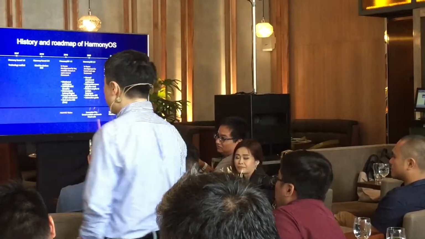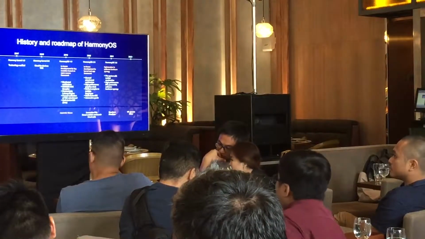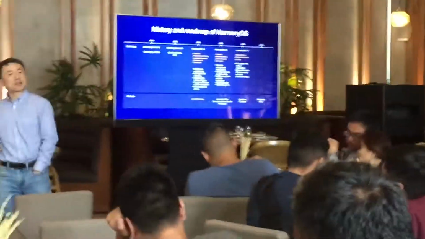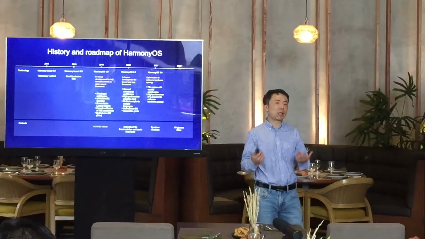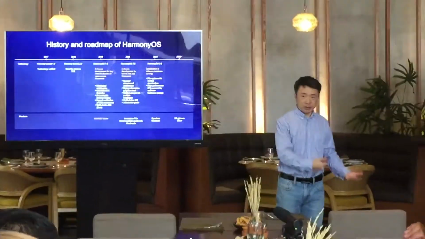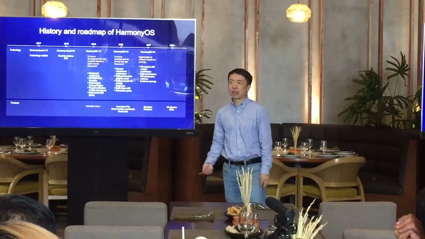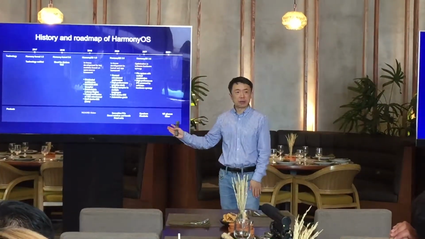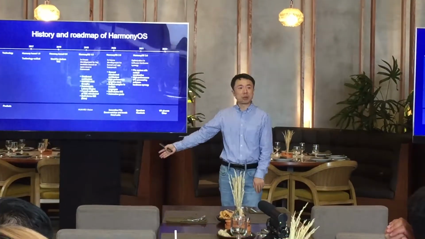Okay. It depends on which device you're talking about. If it's smartphones and tablets, this is definitely not the default. Smartphones and tablets, as I said, are by default Android, as long as we can still continue to use it. And for other devices, smart watches and smart TVs, by default they will be Harmony OS.